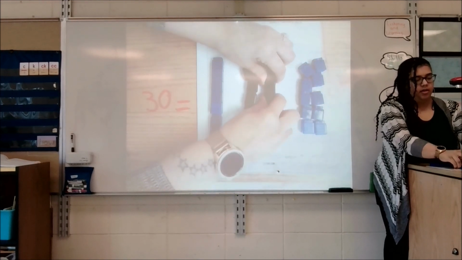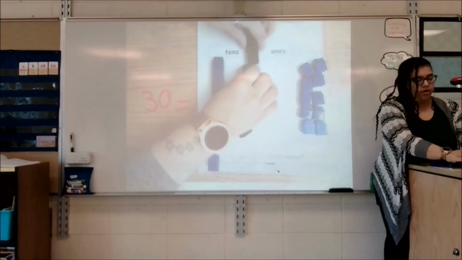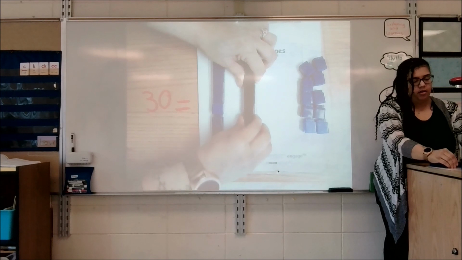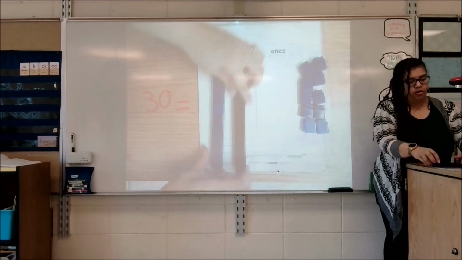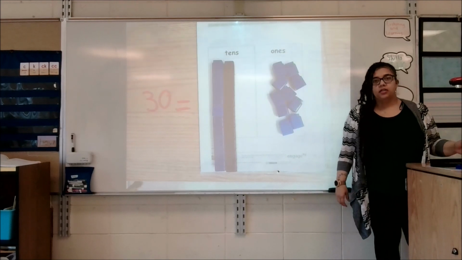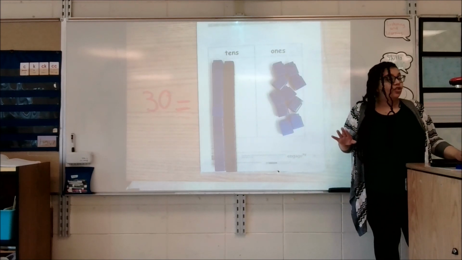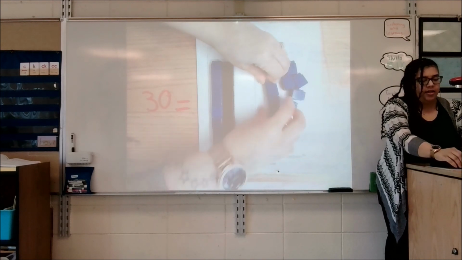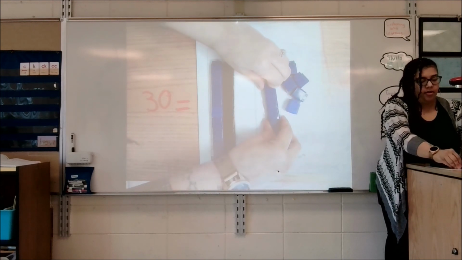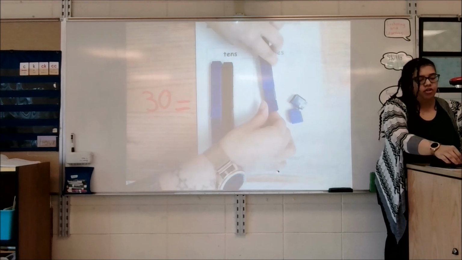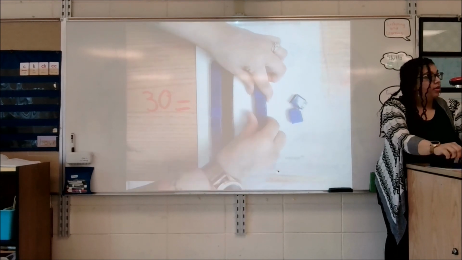Okay, let's keep going. 30 is 2 tens and 10 ones. I didn't get any new pieces, no new frames, same number of pieces. All I'm doing is grouping them together and taking them apart. It does not change the value.